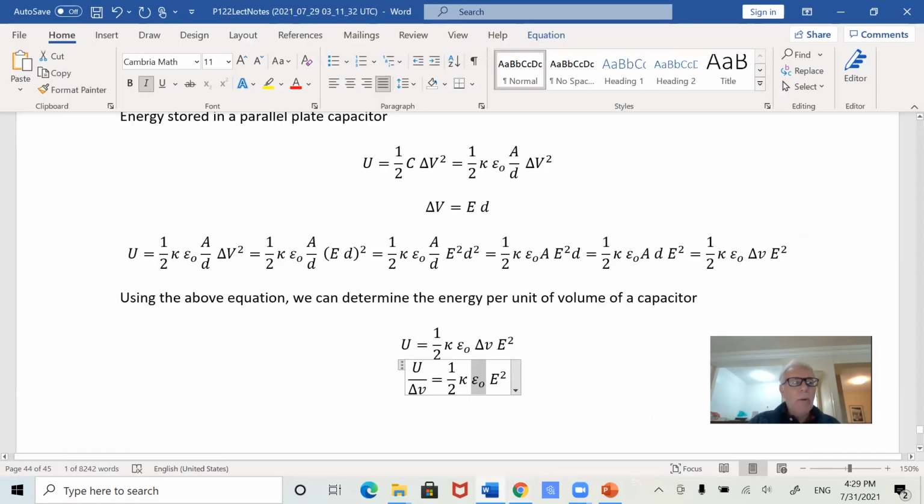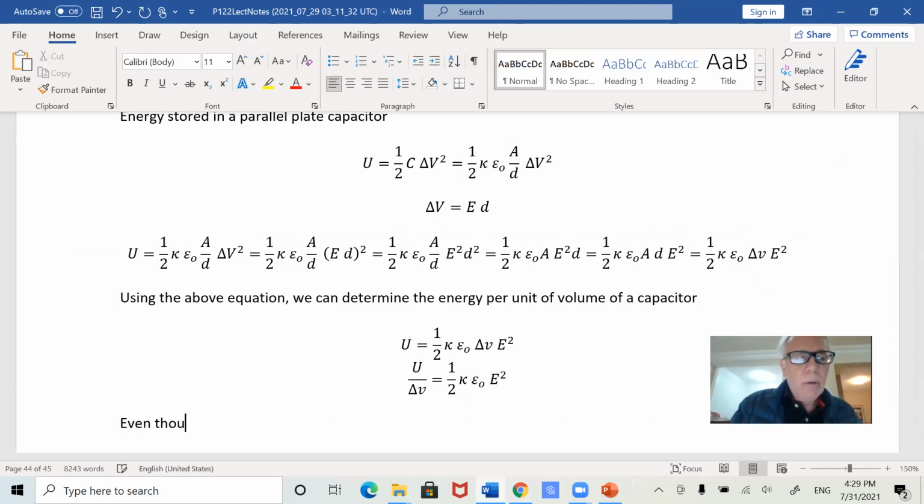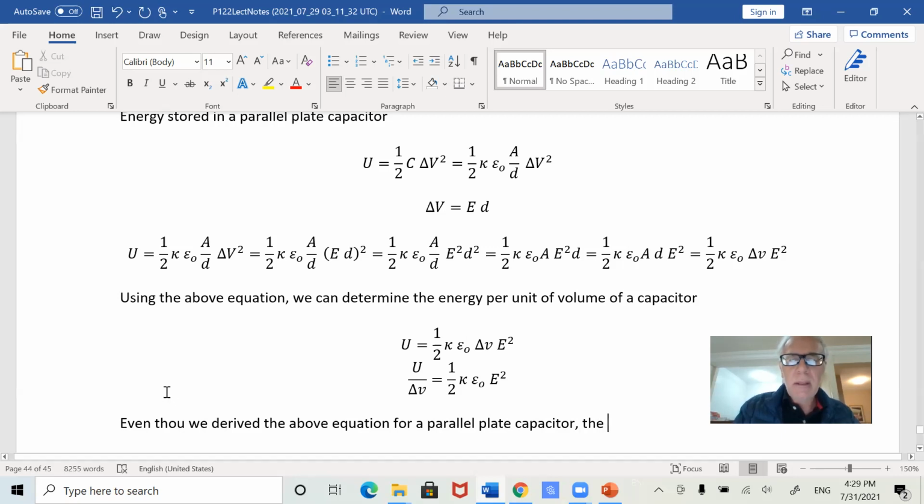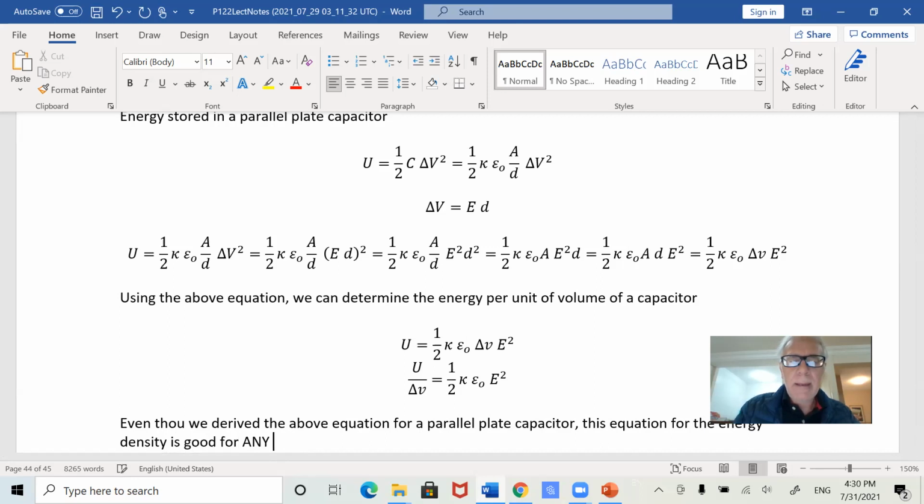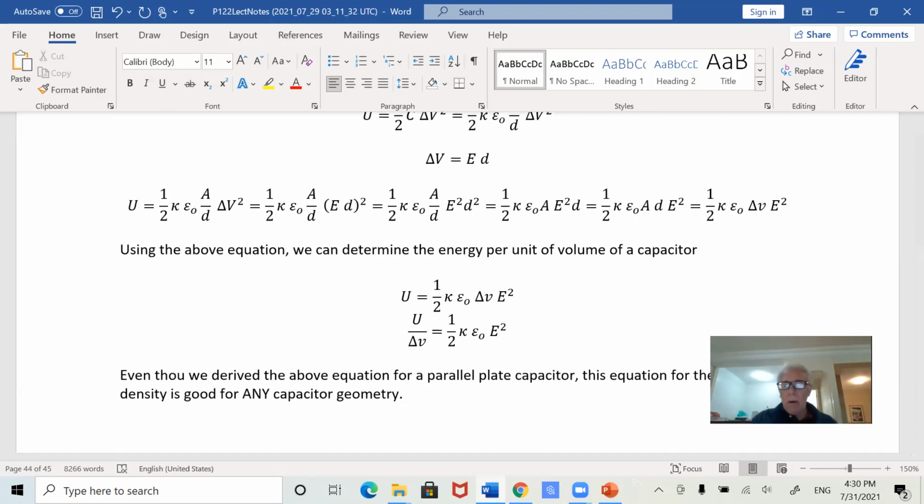Now, very important: even though we derived the above equation for a parallel plate capacitor, this equation of the energy density is good for any capacitor geometry, whether it's cylindrical, whether it's spherical, whether it's just generic two blobs, two pieces of metal.